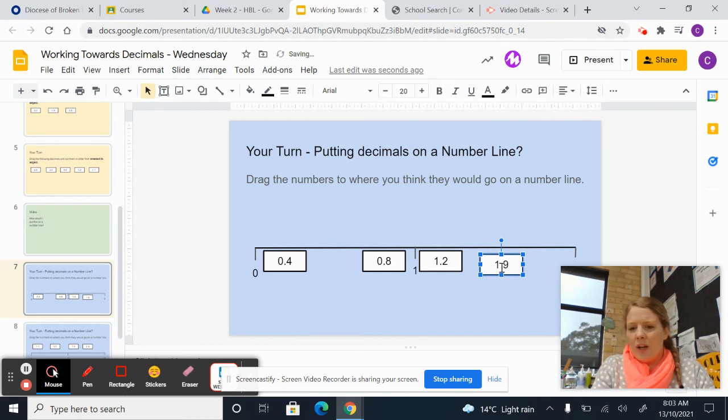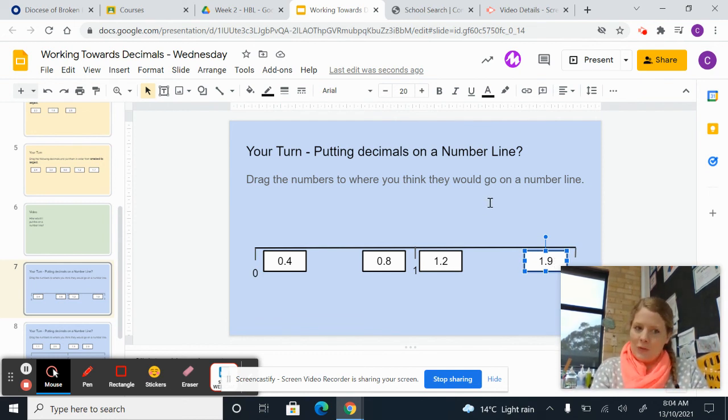Now, is 1 and 9 tenths closer to having 1 whole pie or having 2 whole pies? Think about your little graph in your head and visualize which would be bigger. Yes, so 1 and 9 tenths would be over near the 2, because I only need 1 more tenth to make it a whole 2.